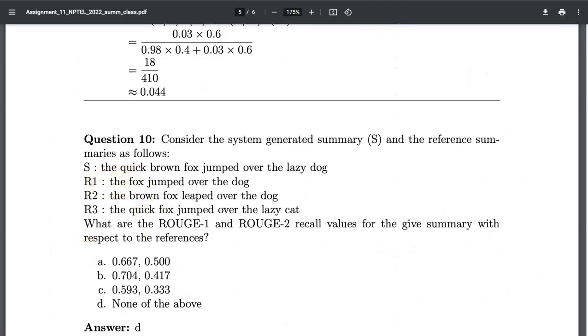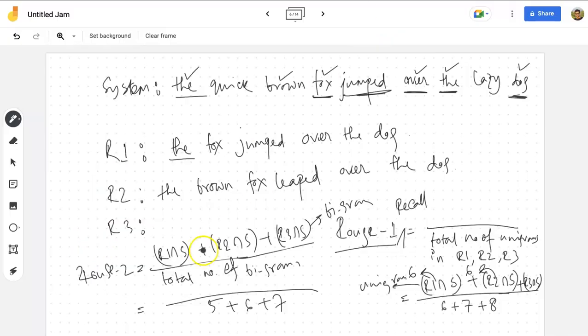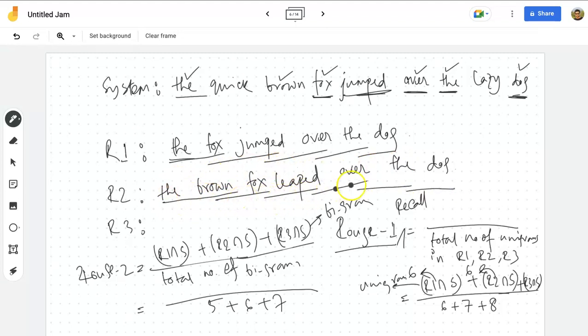This is a bigram, this is a bigram, this is a bigram, this is a bigram, this is a bigram. So 1, 2, 3, 4, 5. Similarly for the next, 1, 2, 3, 4, 5, 6. Similarly, if you calculate R3, it will be 7. And you can calculate the intersection for this.